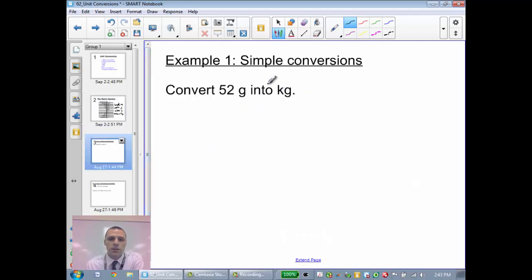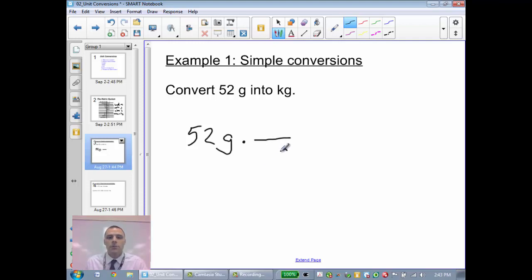So as you can see here in our first example, we're going to try to convert 52 grams into kilograms. The first thing I'm going to do is write what I am starting with, which is 52 grams. And then I want to write my conversion factor, what I'm going to be multiplying that by. The general idea is that if I want to eliminate grams and go to kilograms, I want to have what I'm trying to get rid of in the denominator of the fraction and what I'm trying to go to in the numerator.